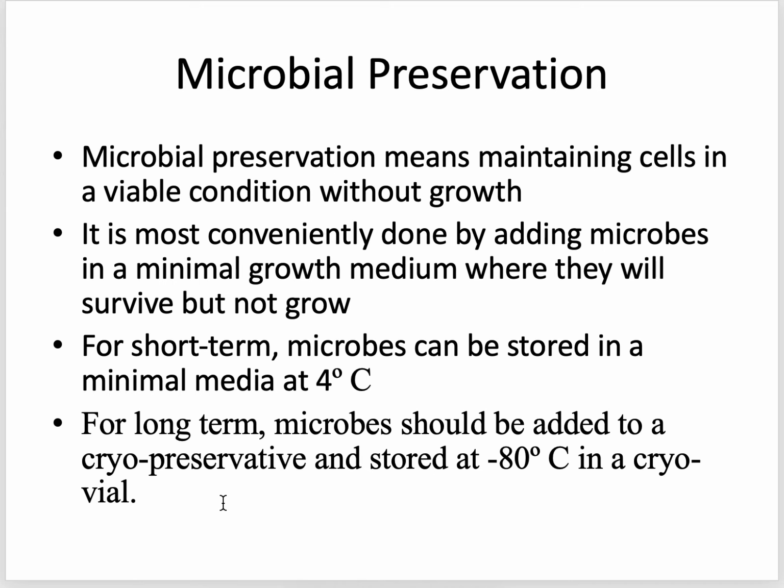So if you want to preserve your bacteria at -80 degrees Celsius or colder, you have to add a cryopreservative to them. You also have to use a special tube or vial for storage. You just cannot keep a normal plastic or normal glass vial at that temperature. They will actually burst.